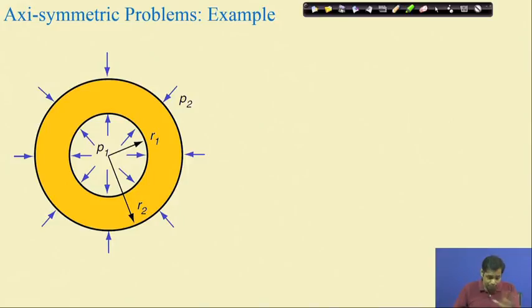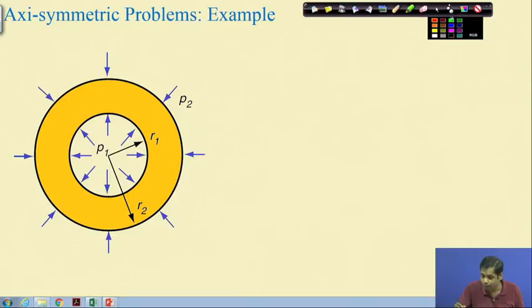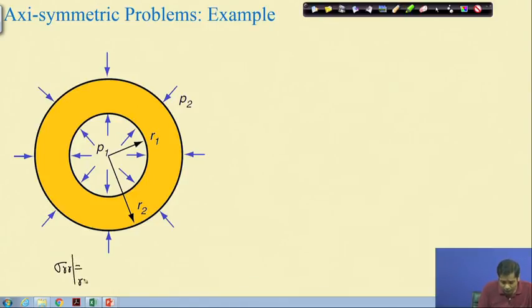Let us complete the description of the problem. The domain and the forces are given. The boundary conditions are one of the very important parts of the problem description. The boundary conditions are that sigma r at r equal to r1 is equal to minus P1, and sigma r at r equal to r2 is equal to minus P2.